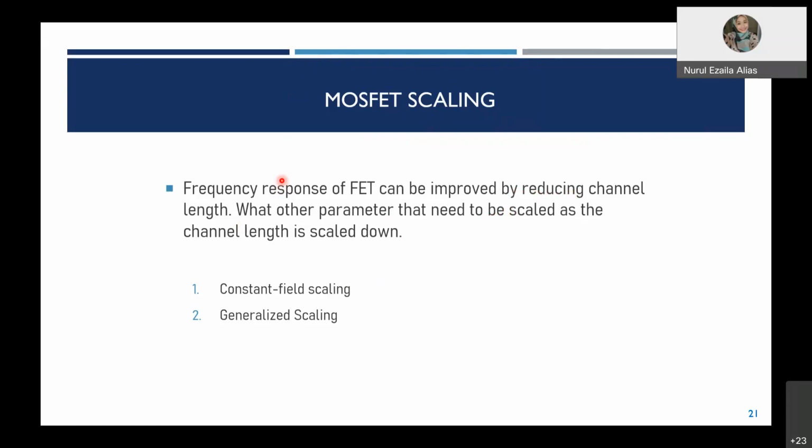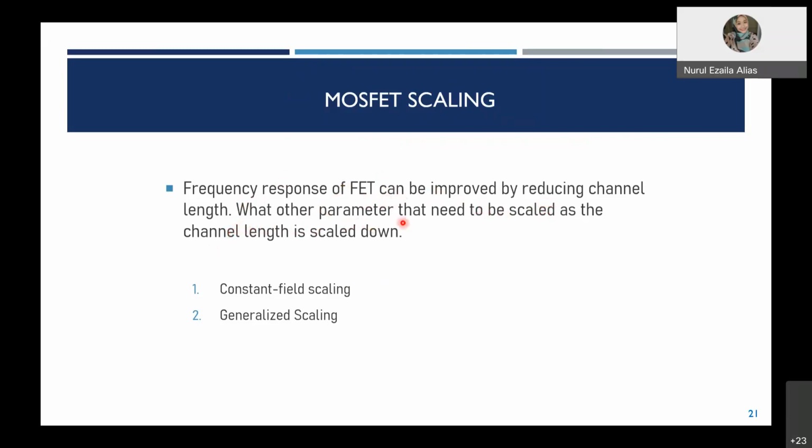Those behave differently, especially for the capacitance versus voltage characteristic. The behavior at low frequency and high frequency is different. So this frequency response can be improved by reducing the channel length.